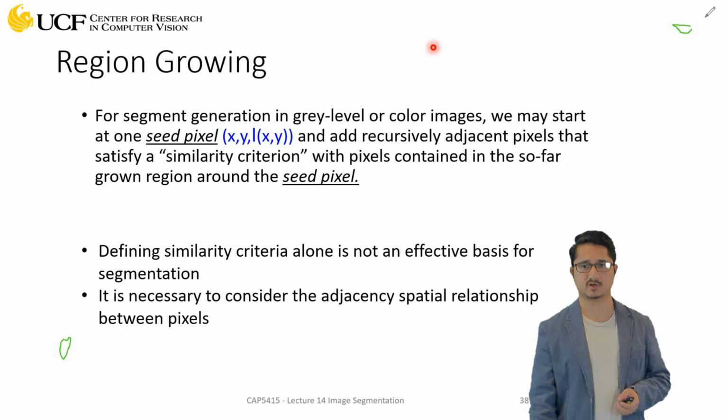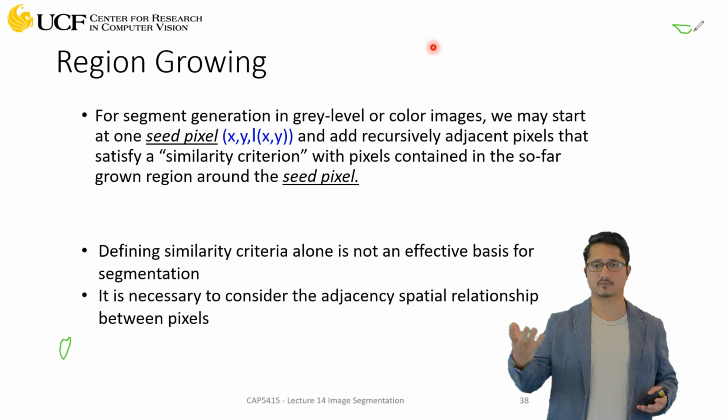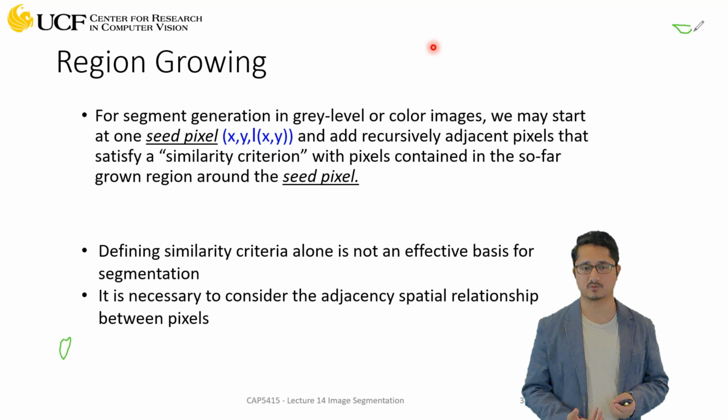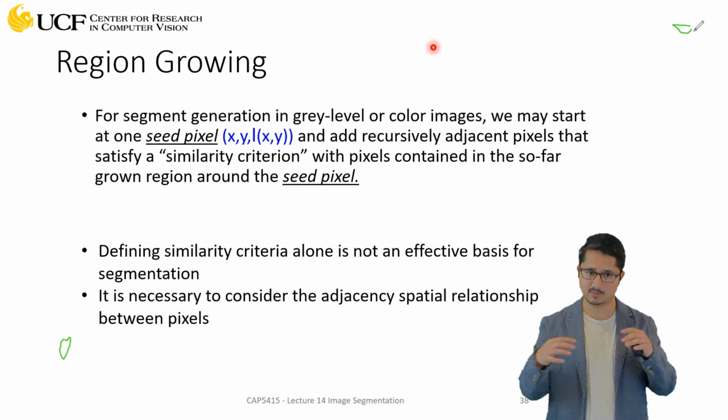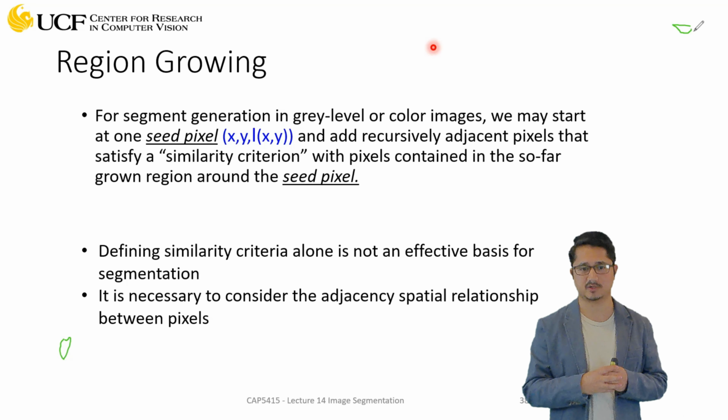But we don't want pixels that far apart to form the same segment. It won't look good. We want neighboring pixels that are close to each other to form a segment.